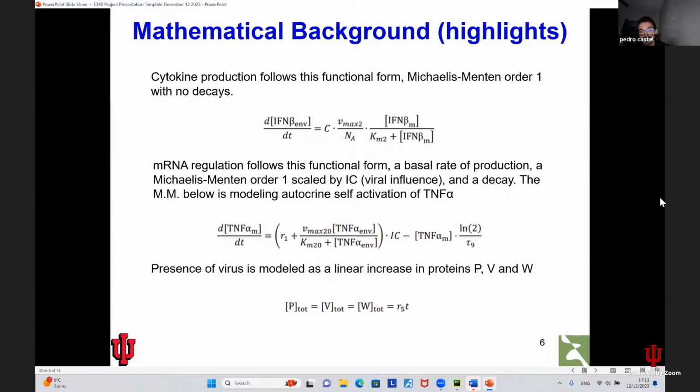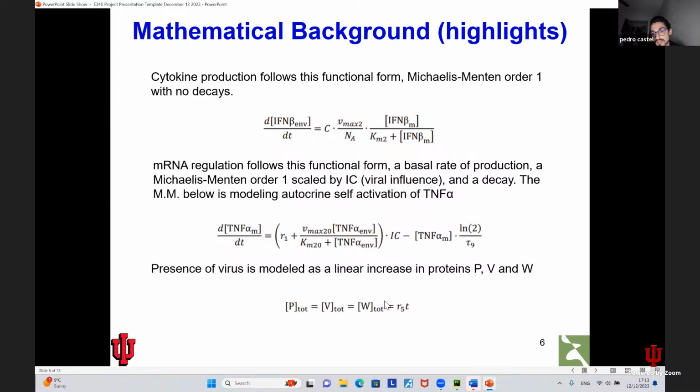The presence of the virus is modeled as a linear increase in proteins P, V, and W. So they do not model the viral cycle. They do not model virus unpacking, replication, anything. The presence of the virus for them means that P, V, and W proteins are being produced at a constant rate, which means their levels increase linearly.